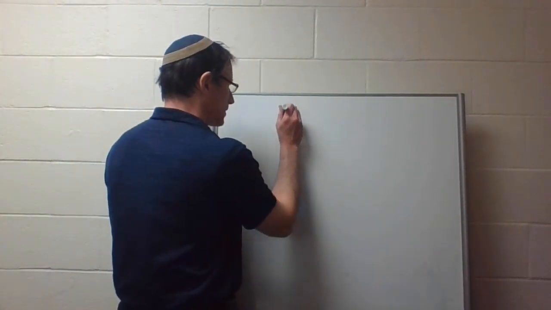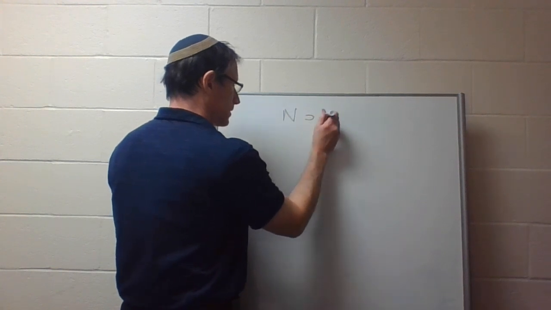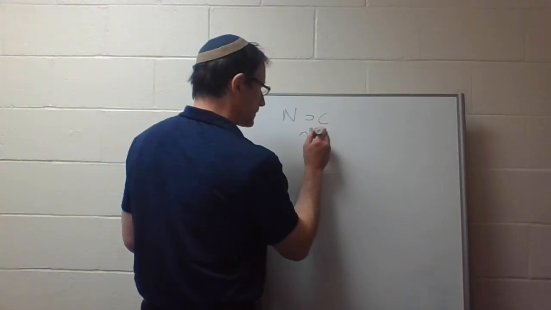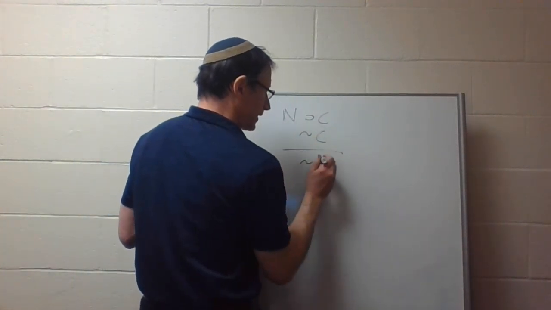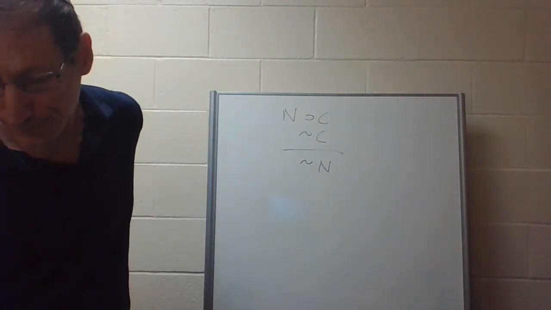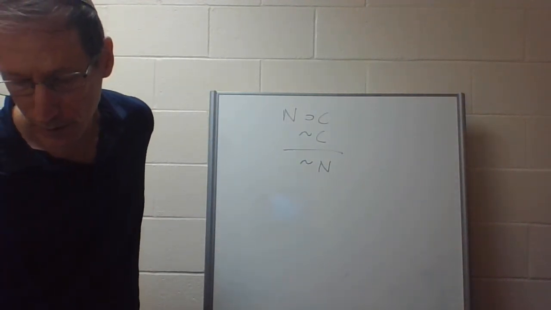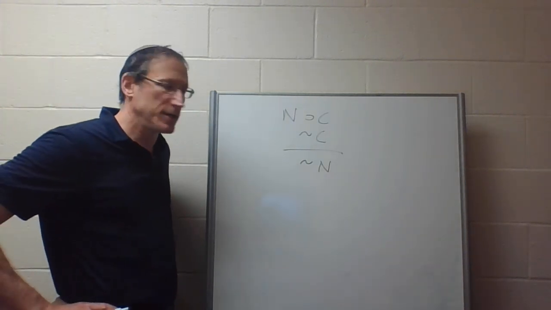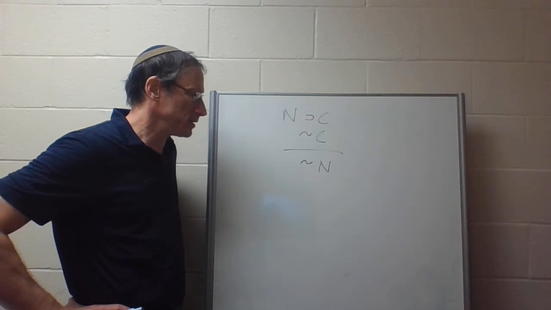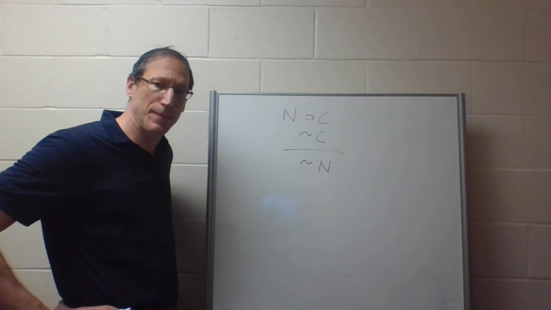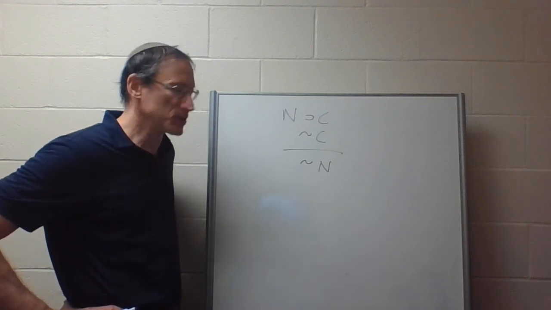Number one is N horseshoe C, not C, therefore not N. So you're supposed to be able to look at this and determine whether it is a valid argument or not. Is it an example of one of the forms that we talked about?